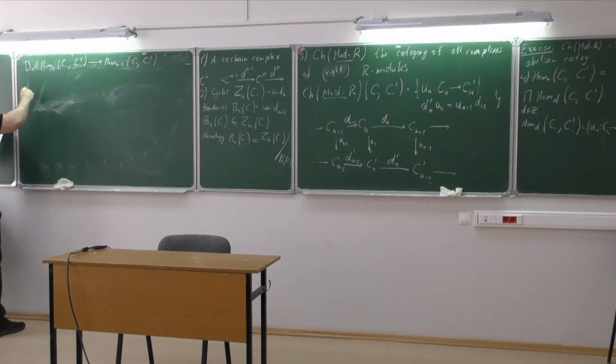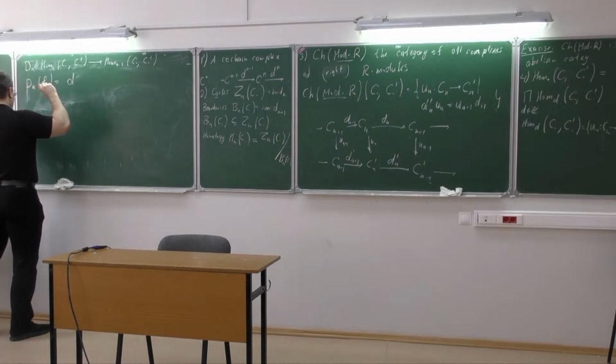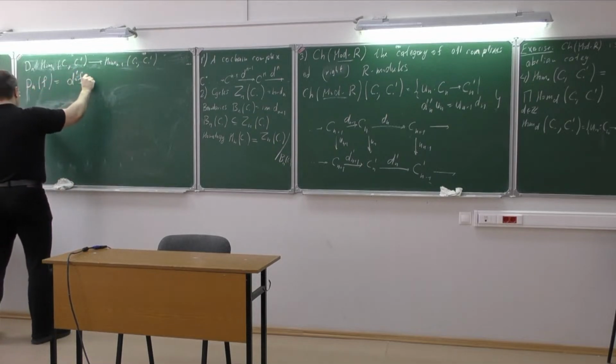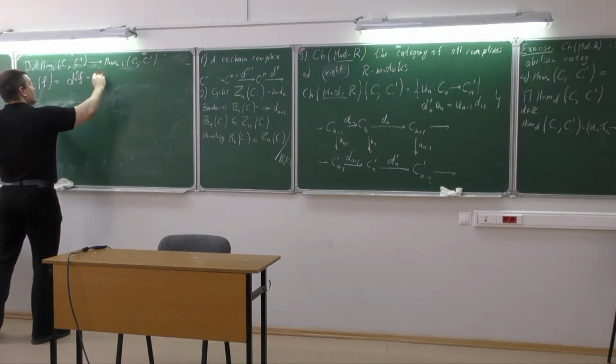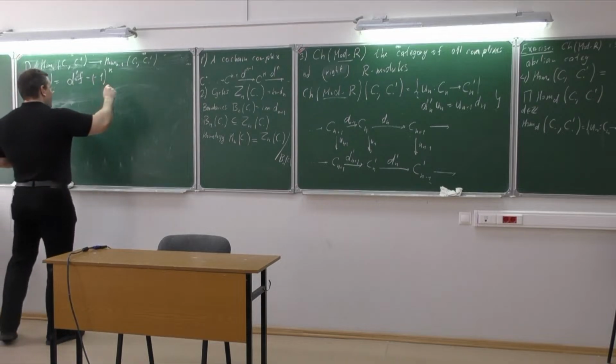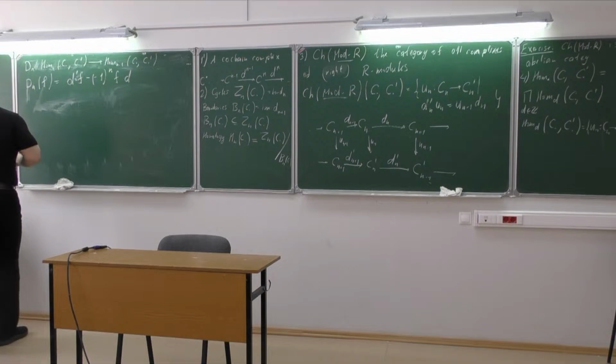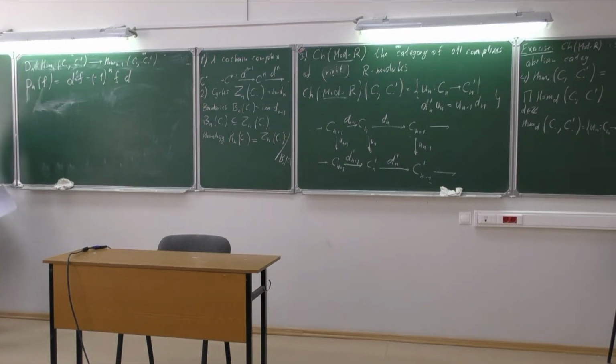By definition, if I want to compute this differential on some map f, then I take post-composition with the differential d prime of the map f, minus, so there is a correct sign, (-1)^n, and then the composition of f and the differential d. So that's the definition of this differential.